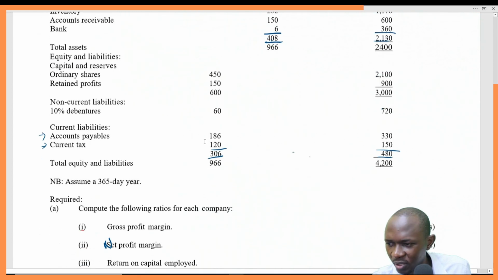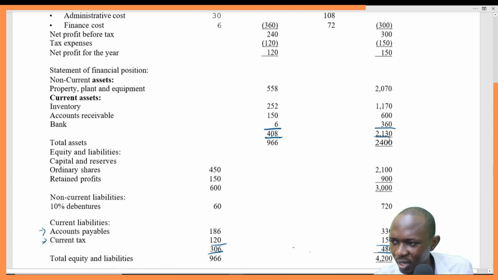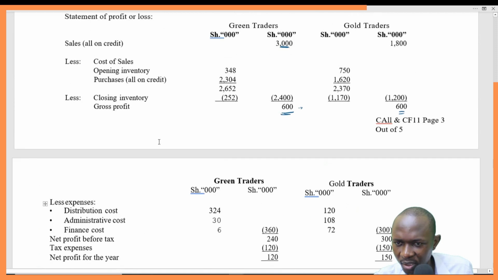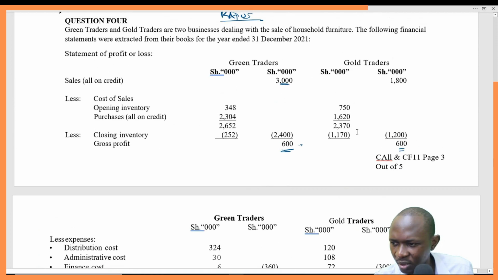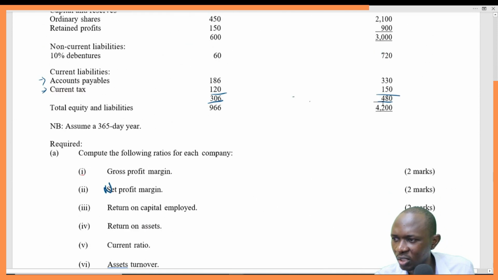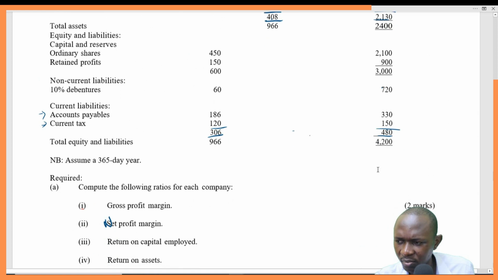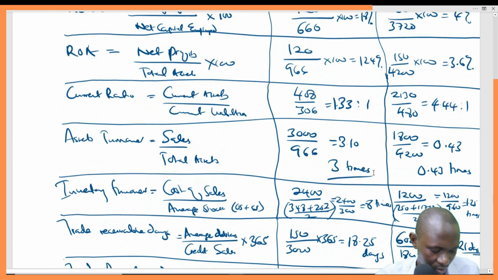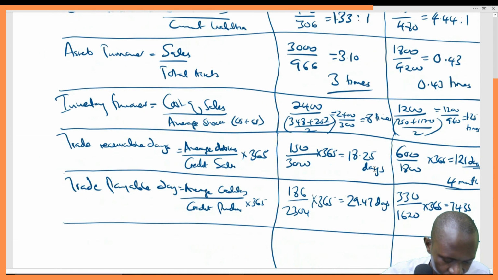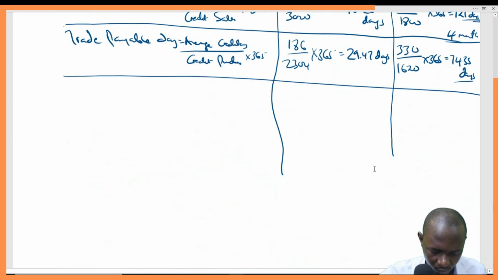Let's just confirm those figures. The accounts payable 330 divided by credit purchases 1620, times 365.